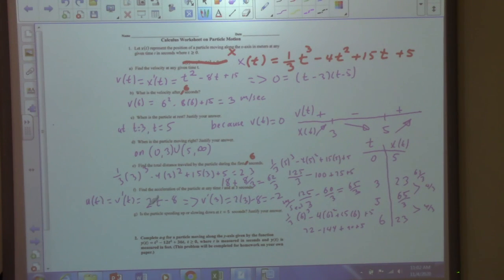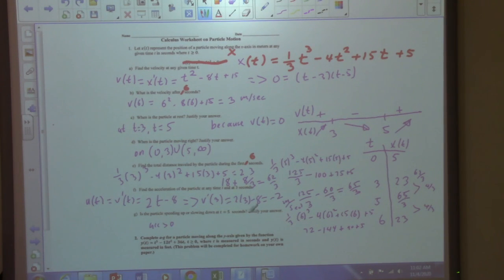Well, for acceleration, if we plug in 5, we're going to get 2 times 5 minus 8. So we'll get 2, right? So acceleration is positive, right?